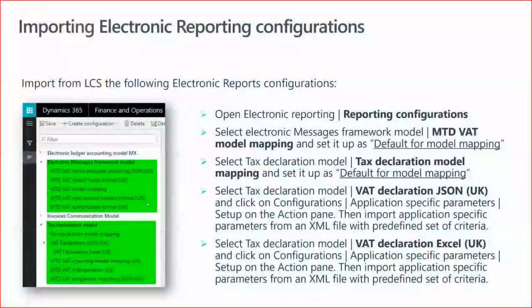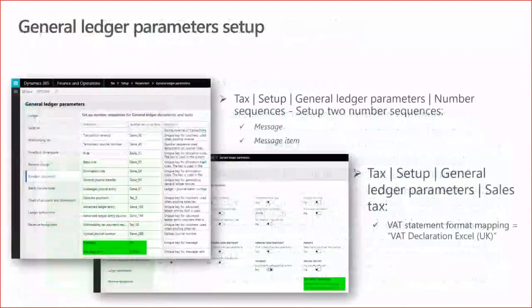Just very briefly, as I mentioned, we'll give you this deck after the presentation, and you can look through those slides. Just for reference, what I have shown you is that you have to import additional formats from LCS, which are for the electronic messages framework model and tax declaration. Apart from this deck, you will have documentation which will guide you on how and what to import from LCS.